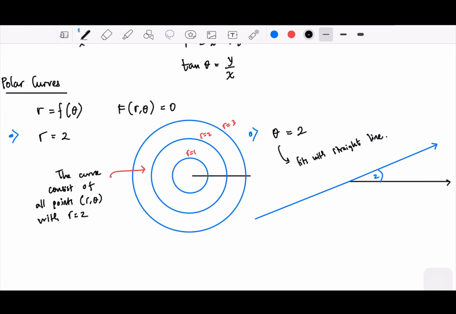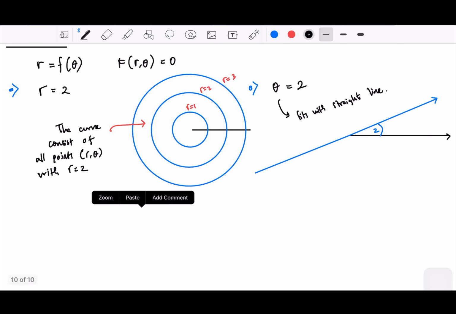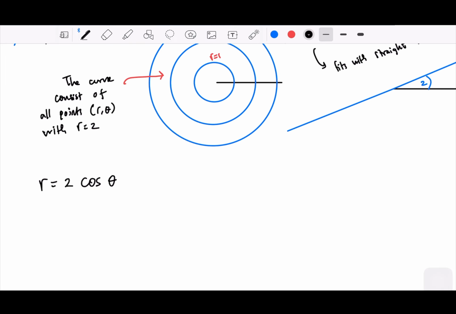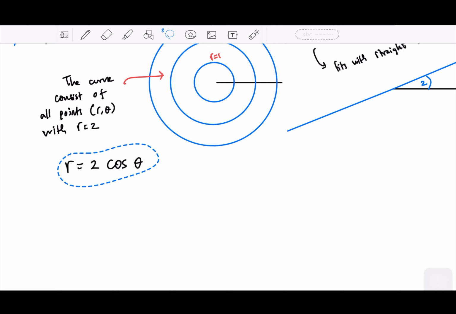Okay, the next. Let's say we have r equals 2 cosine theta. Eventually, later you will see some patterns, and I think you can guess and sketch easily from the pattern. But let's see how we can deal with drawing the curves. To make it easy to draw, you can use some special angles to help navigate.